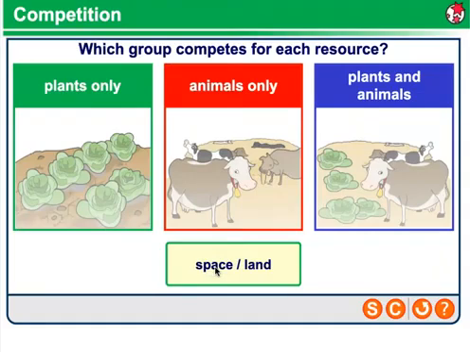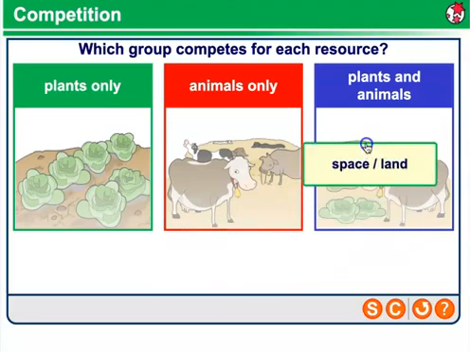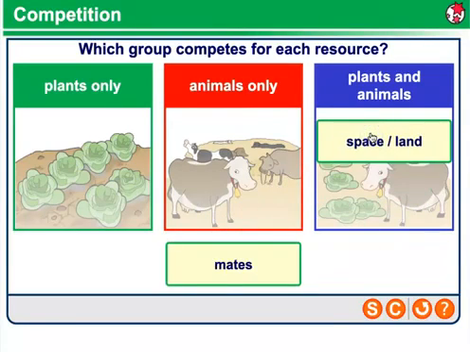Looking more in depth at this idea of competition, which group competes for each resource? Space and land. Both plants and animals are going to compete for space and land. For mates. Could be animals only.